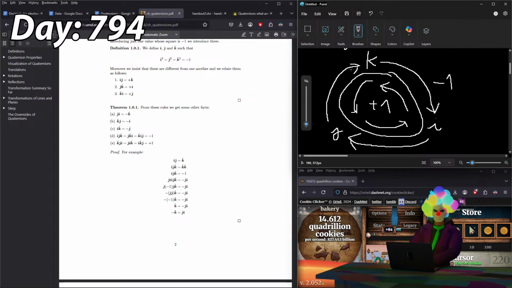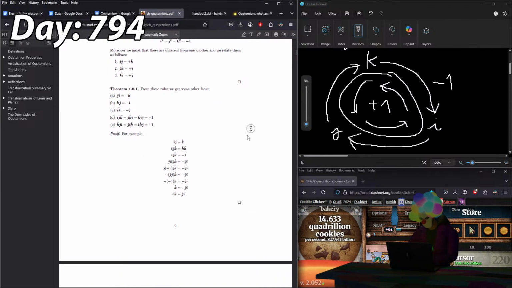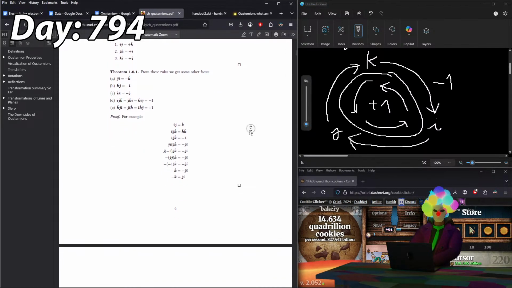Multiplication to the left gives us a +1. kij. All right. The opposite of a vector cross product. I don't see a way in which it's like a cross product. I mean, it is multiplication, so in that way it's a product, I suppose. I don't know.